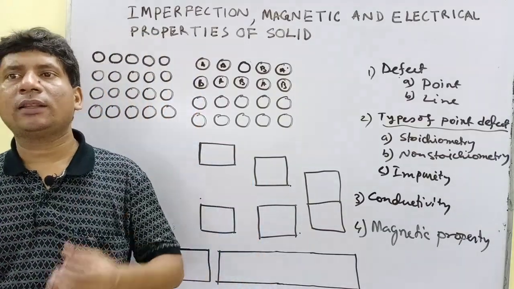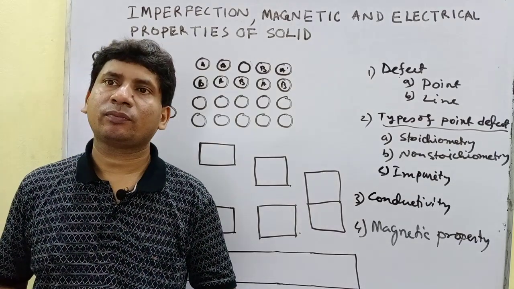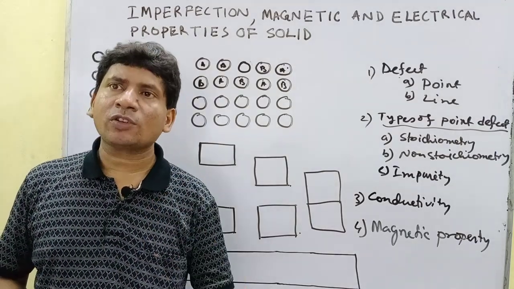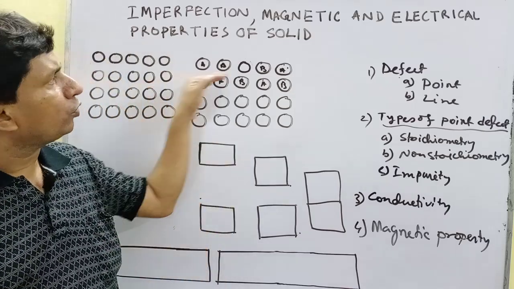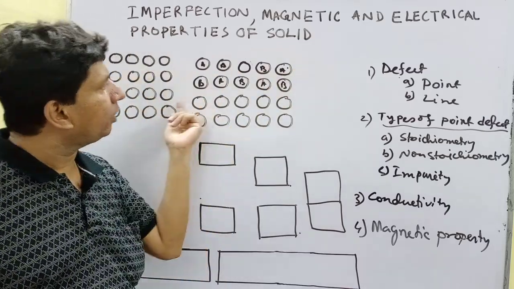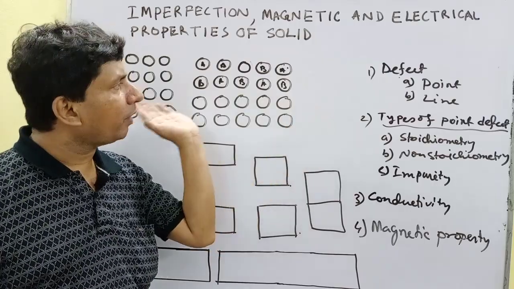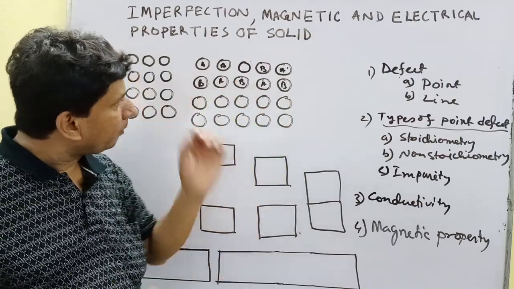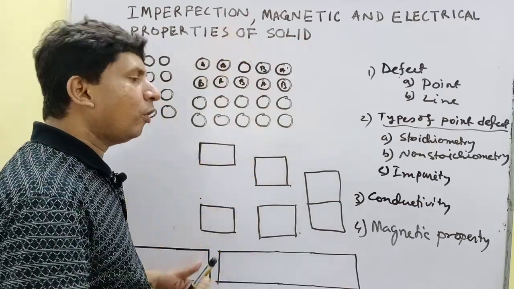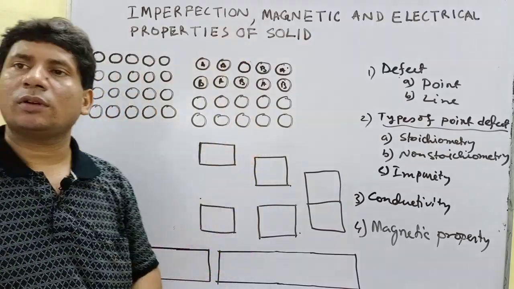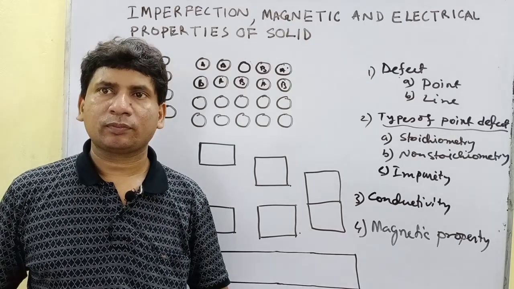Line defects are the irregularities or deviation from the ideal arrangement in entire rows, any rows, one row, two rows. Irregularities of any rows means line defects.